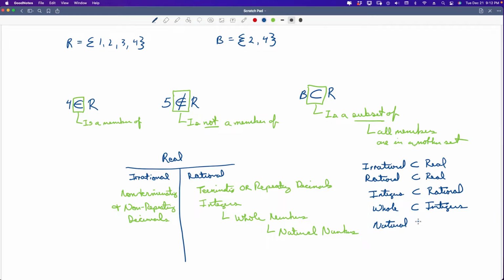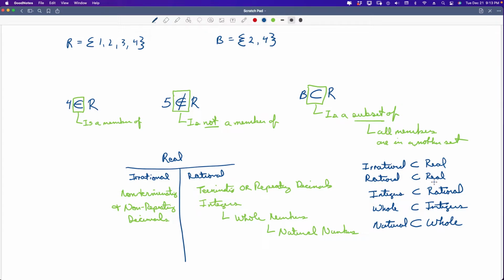So the natural numbers are a subset of the whole numbers. Now we could also say that integers are a subset of real, whole numbers are a subset of real, and natural numbers are a subset of real, because all of these fall under rational. Whole could be a part of rational, natural could be part of rational. All of those are true because they all fall under this real category.